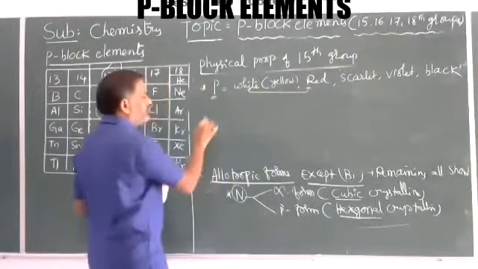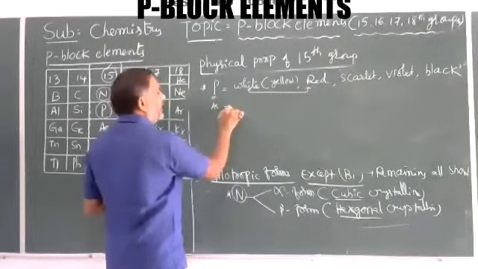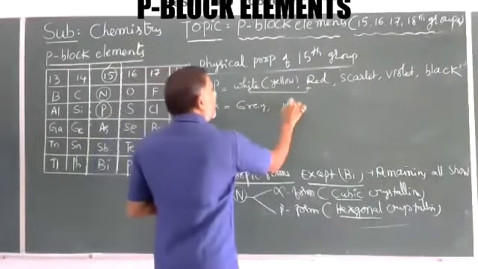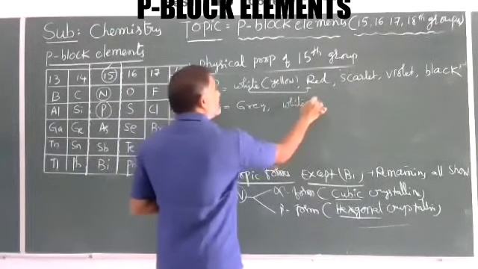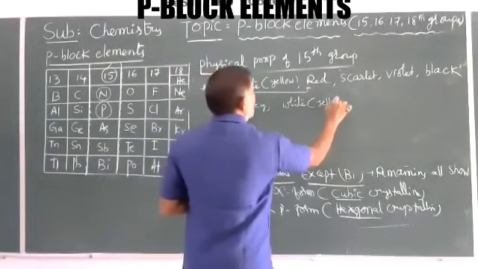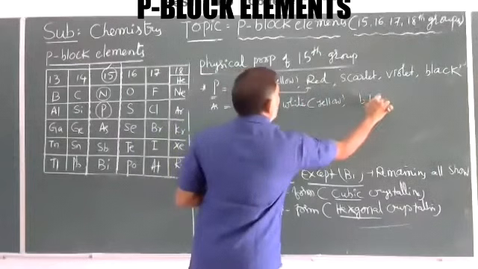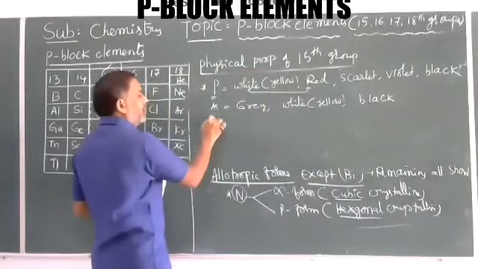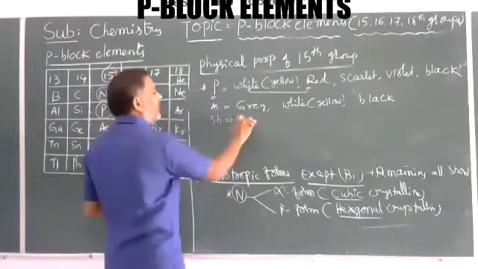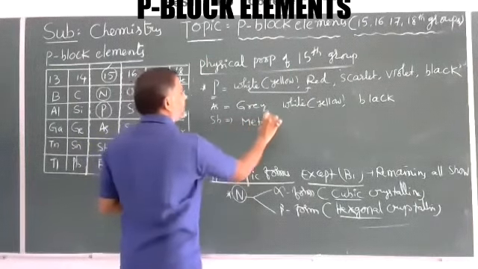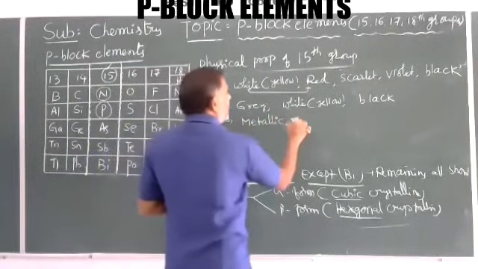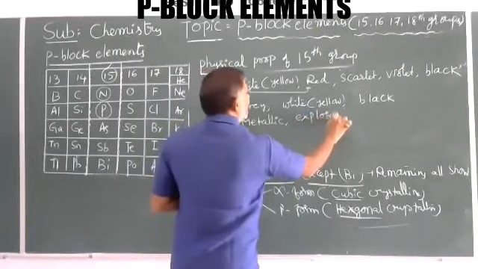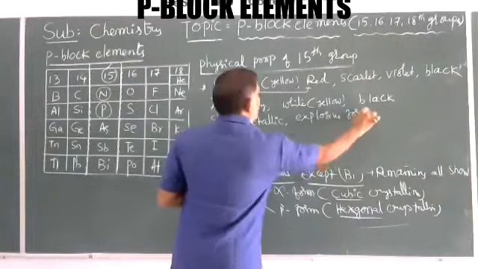Then here arsenic, gray arsenic, and the white or yellow form, and black arsenic form. Now Sb generally exists in metallic form, and an explosive form of Sb.